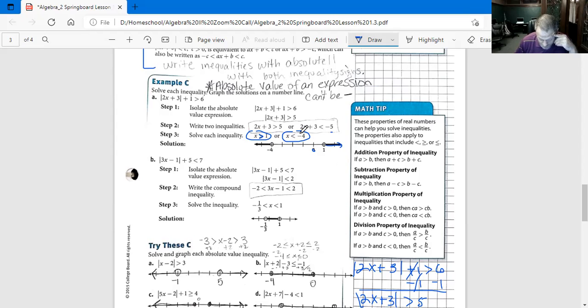So also start at your -4 with the open sign, and see how this is pointing this way? That is our key indicator to point that way and shade. So those are just some tips and tricks that I've learned along the way that can help you remember it a little bit easier.